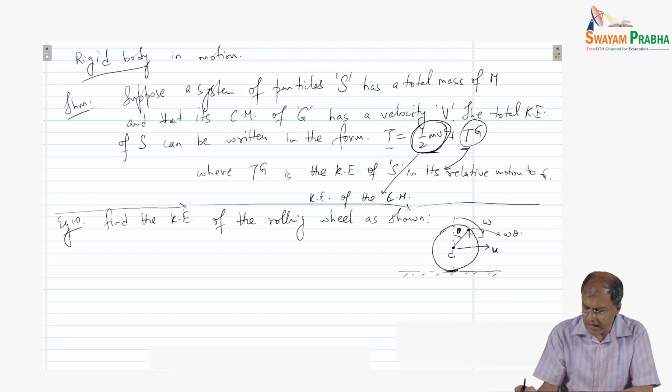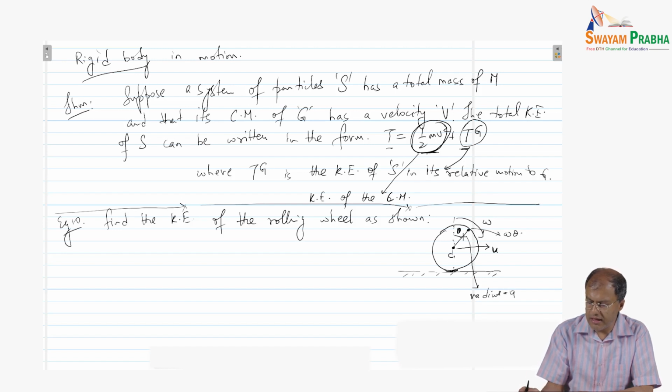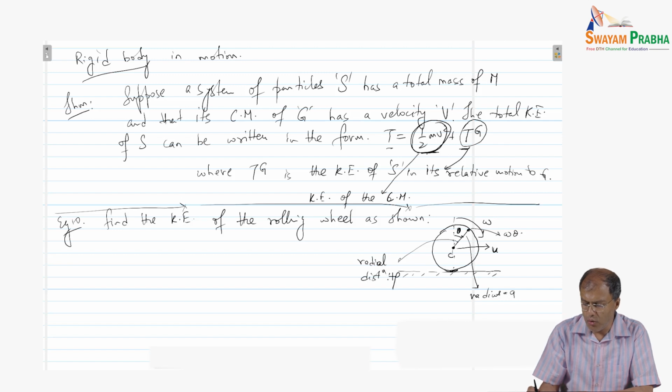Let us say this radius is a, and at any given point of space on the wheel, the radial distance is rho, right?